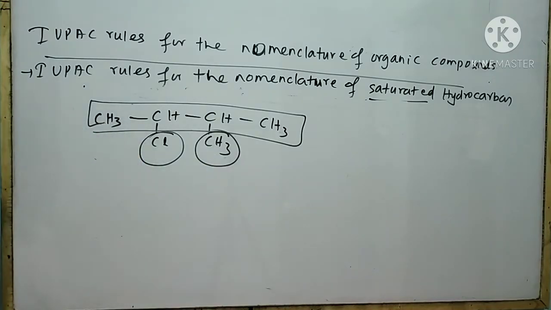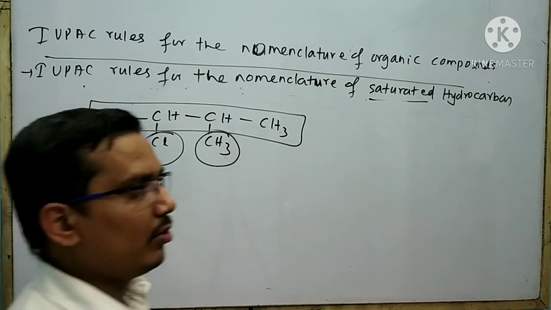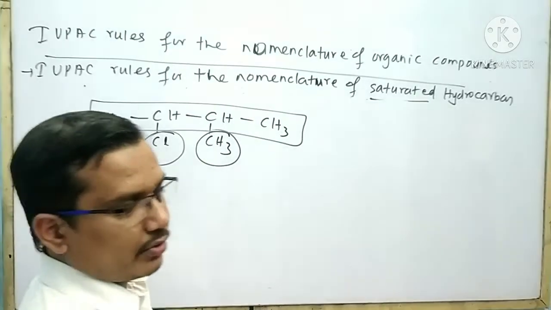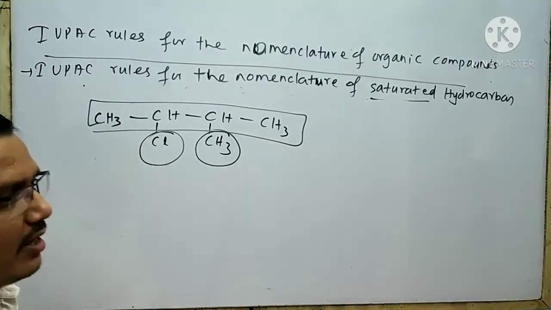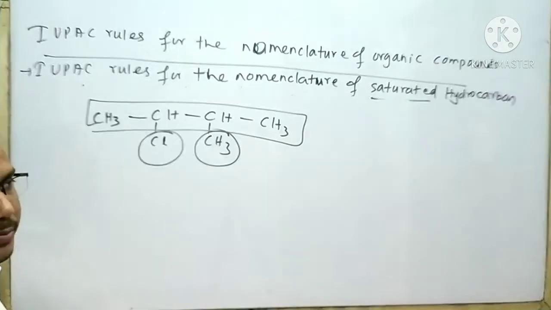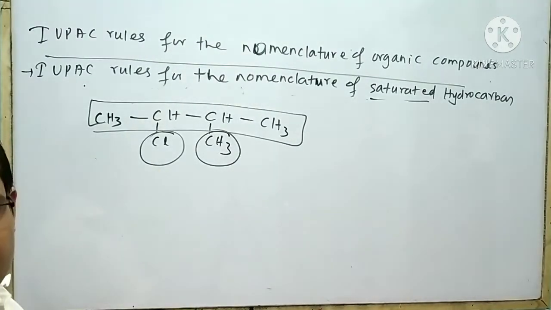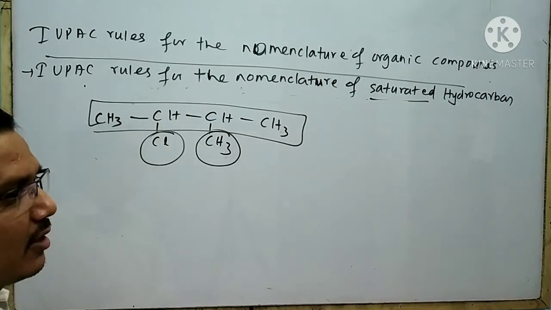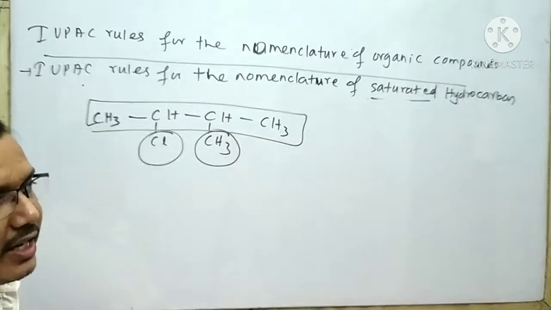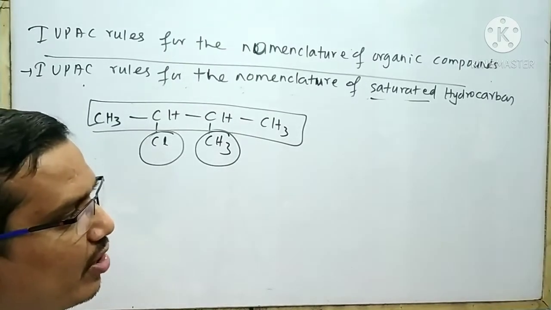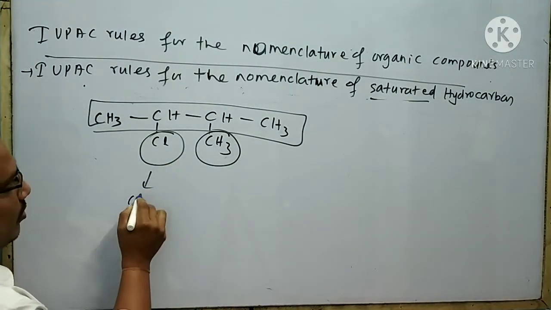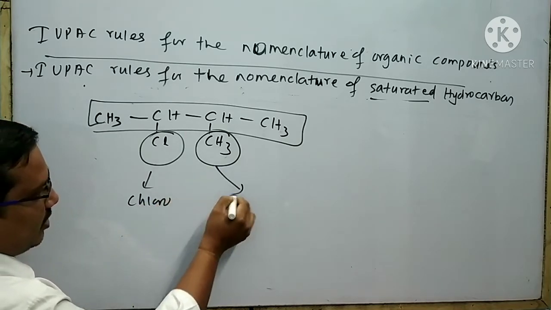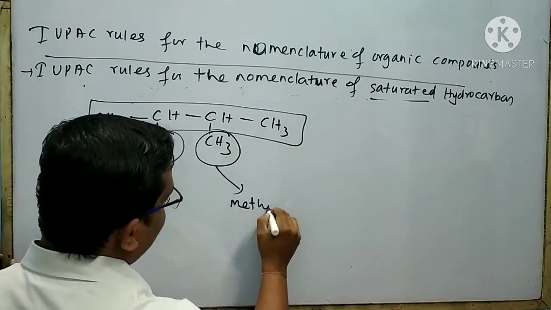For such a compound, we generally follow a rule. According to this rule, if a substituent and a side chain are at an equivalent position from opposite ends of the main chain, then the lowest number is assigned to the group as per alphabetical order. The name of this substituent is chloro, the name of this substituent is methyl.